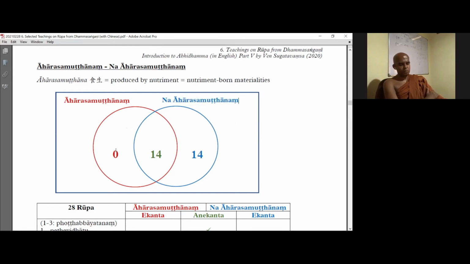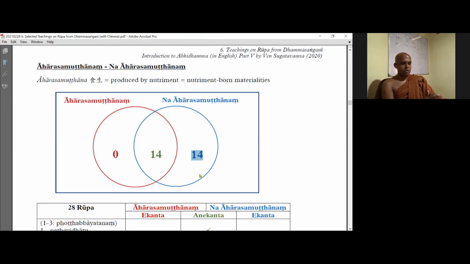Ekanta group, zero. But the Anekanta group, there are 14, meaning there are 14 rupa that are nutriment-born materialities.